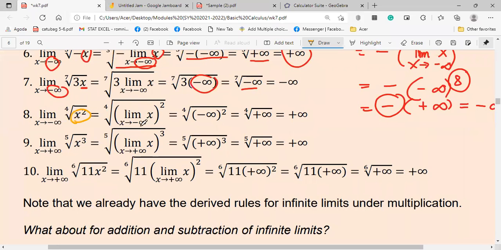Yan. So power rule, get the limit of the base x. As x approaches negative infinity, copy. Identity rule, square. Okay? O the negative times negative is positive. Kaya ito naging positive. Fourth root of positive, 4 is even, positive infinity.